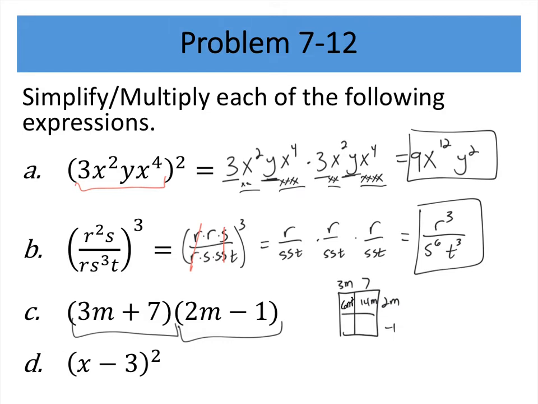Negative 3m times negative 1 is negative 3m, and 7 times negative 1 is negative 7. And combining like terms, I see that I have the same numbers in those two. So I've got 6m squared, and 14 minus 3 is 11, so plus 11m, and then minus 7. So for part C, we got that polynomial, and it's just a polynomial being multiplied.